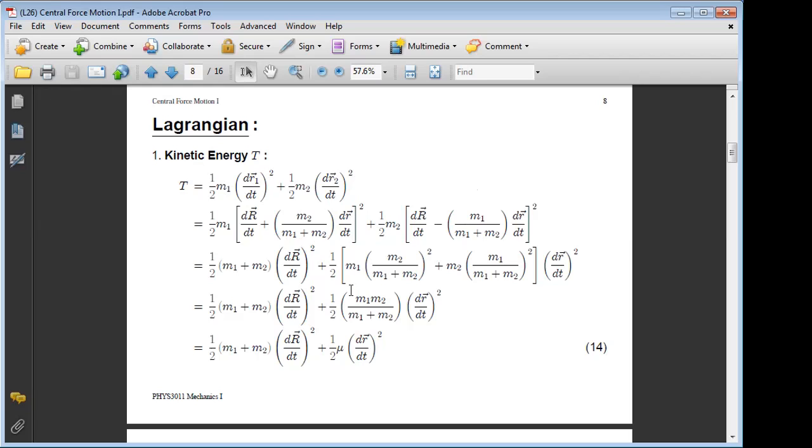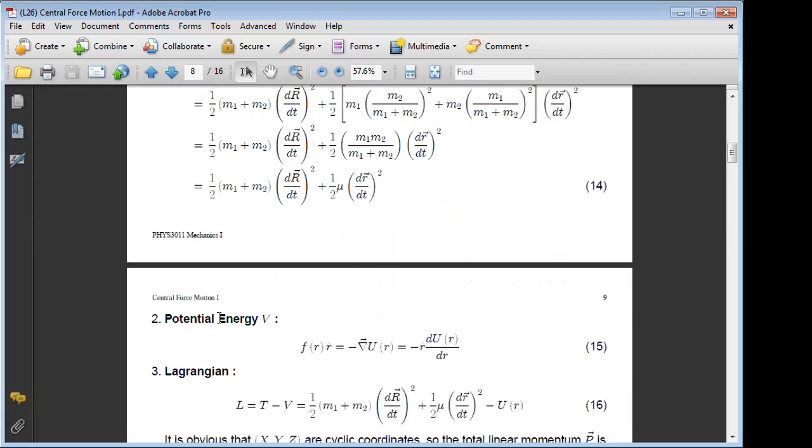After simplification, we can see that the kinetic energy consists of two terms. The first term is the kinetic energy of the total mass, the center of mass particle, and another term is the kinetic energy of the reduced mass particle. If we choose the center of mass frame as our reference frame, then the first term will vanish automatically, because in the center of mass frame, the center of mass particle will not move.